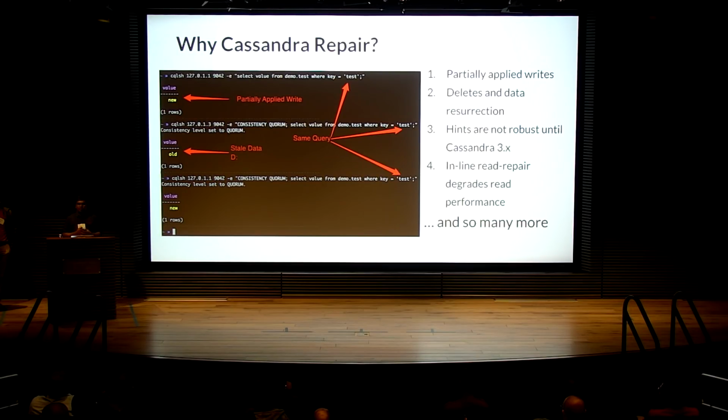Or maybe at the time this preference was being persisted, your nodes were under network pressure or some other resource pressure, and hints were not replayed. And until recent versions of Cassandra, hints were not robust enough either.